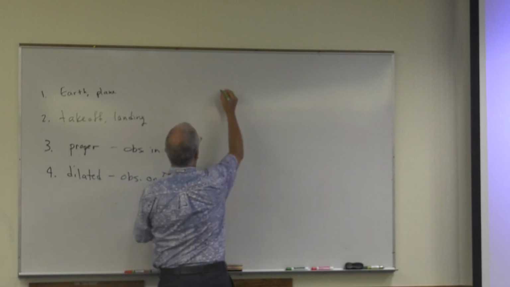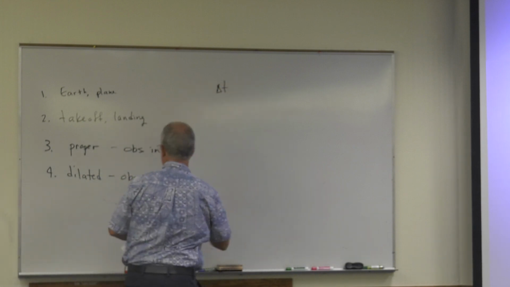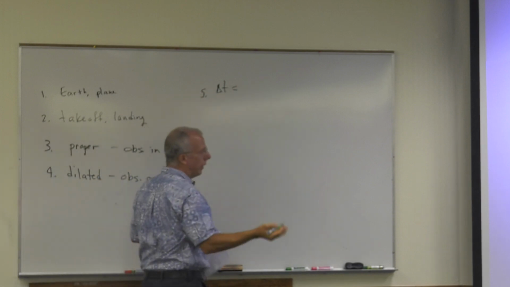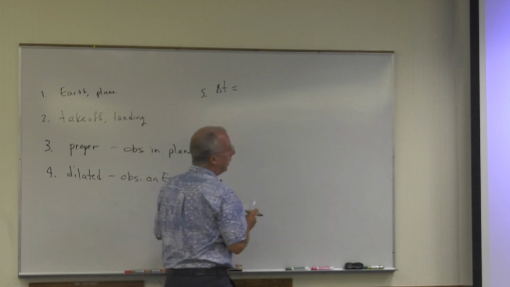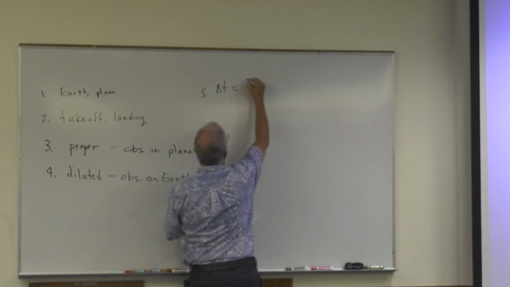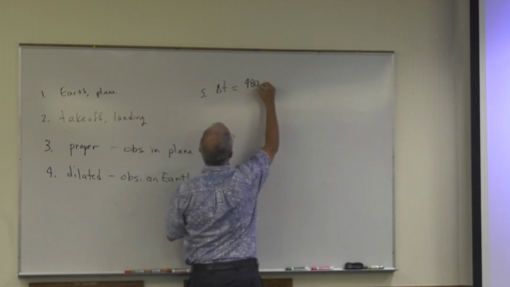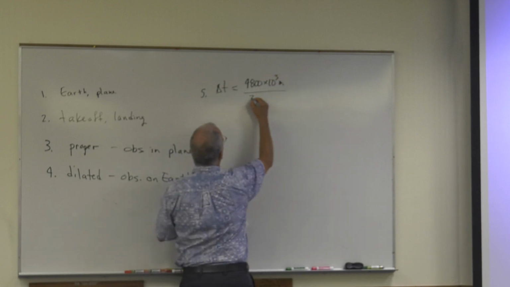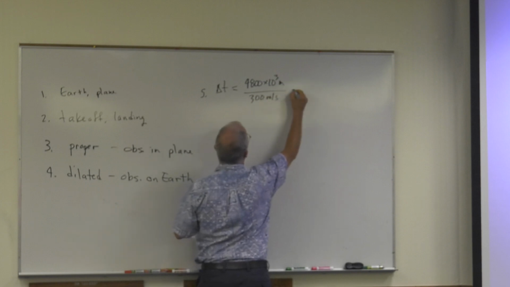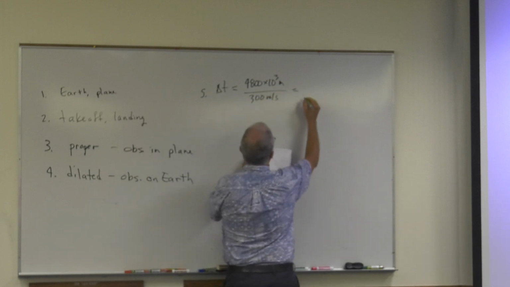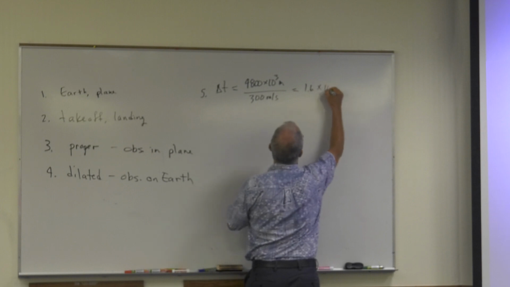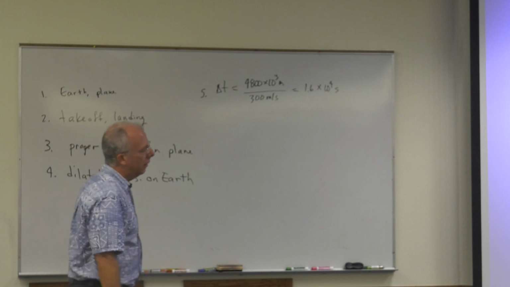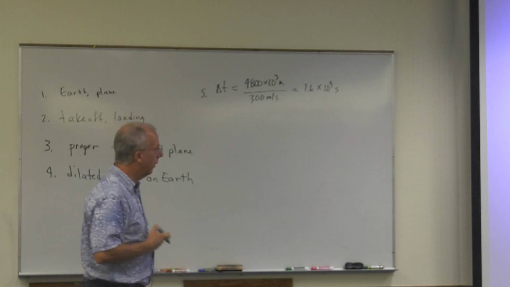Distance equals rate times time, so delta T is just the distance, 4,800 times 10 to the 3rd meters, over the speed, 300 meters per second. And that equals 1.6 times 10 to the 4th seconds. That's what we would calculate here on Earth.